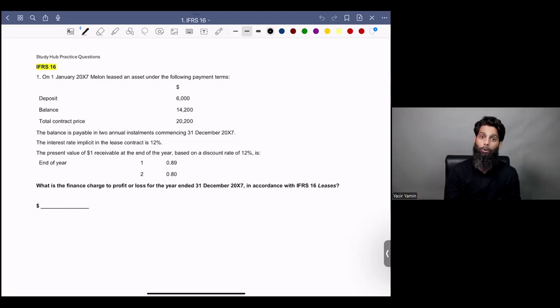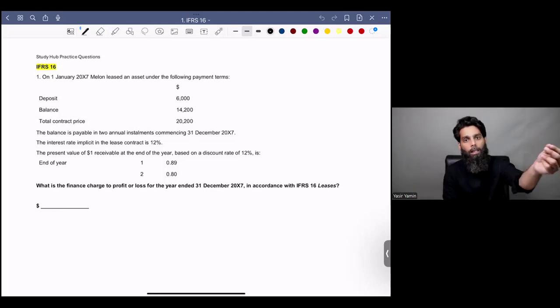One more thing that you should always remember regarding leases is about the measurement of RUA and FLO. As far as the finance lease liability is concerned, the lease liability is primarily measured at the present value of minimum lease payments, the present value of future lease payments.